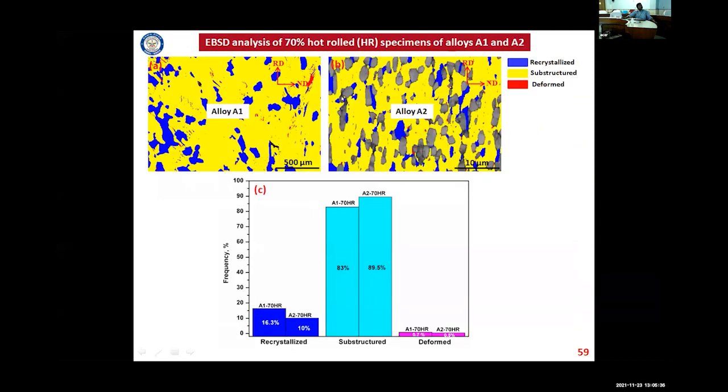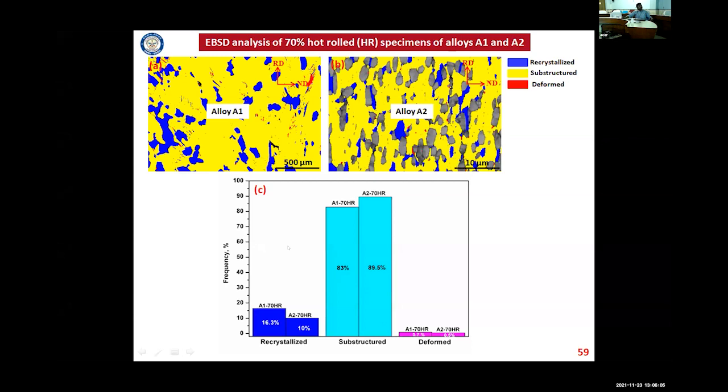Yeah, so this is also EBSD analysis where I want to show you that. You see that the blue is the recrystallized fraction, yellow is substructure, and red is deformed. In the case of the blue volume fraction, which is recrystallized, it is more in A1 and less in A2, and deformed and substructure are more in A2.